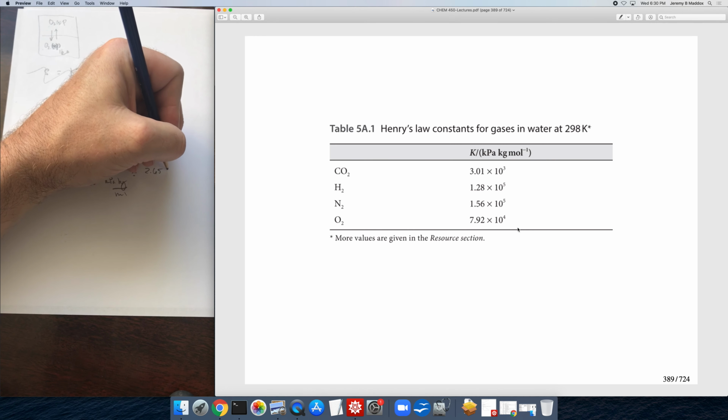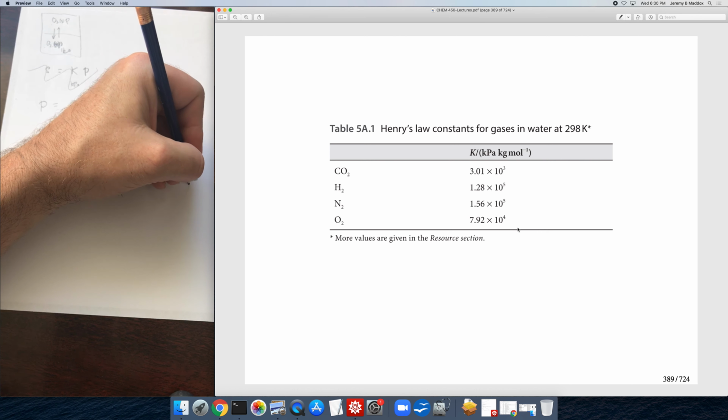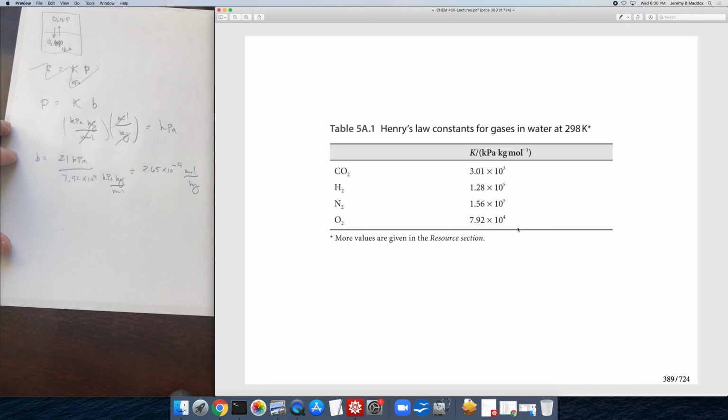That gives 2.65 times 10 to the minus 4 moles per kilogram. So that's the molality.